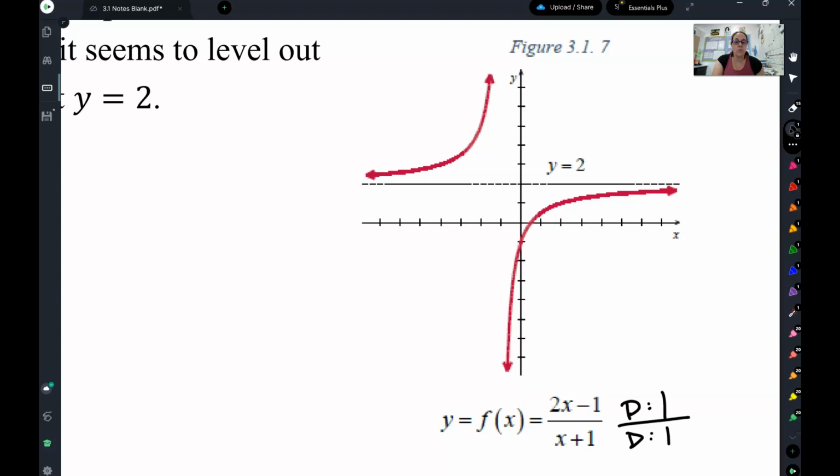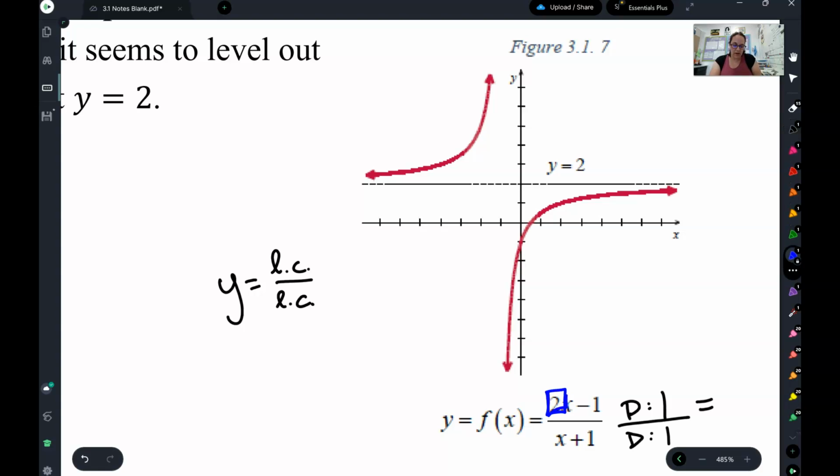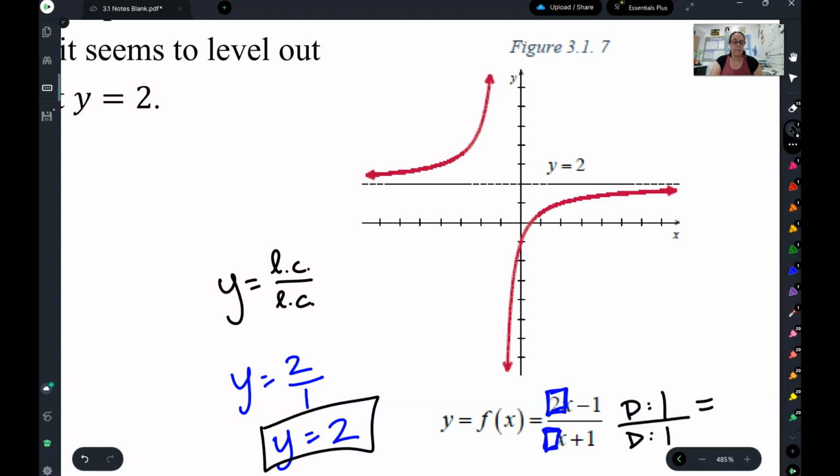This is the rule where the degrees are equal to each other. They are the same. So we know that rule is when the degrees are equal, we do y equals, and then we look at the leading coefficients. So if I look at the leading coefficient here, I have a 2, and a leading coefficient here, I have a secret 1. So my answer to this one would be y equals 2.